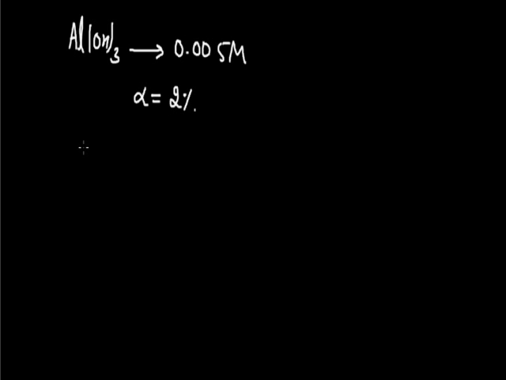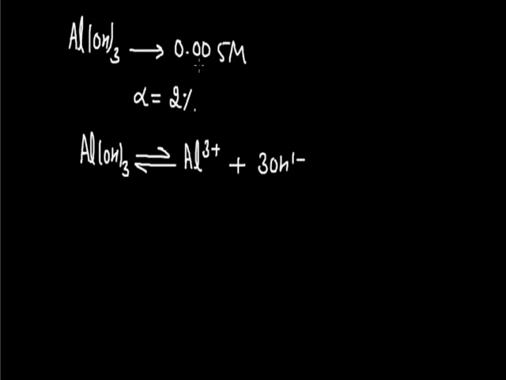First we write the ionization equation of aluminium hydroxide. It will provide one aluminium cation and 3 hydroxide anions.